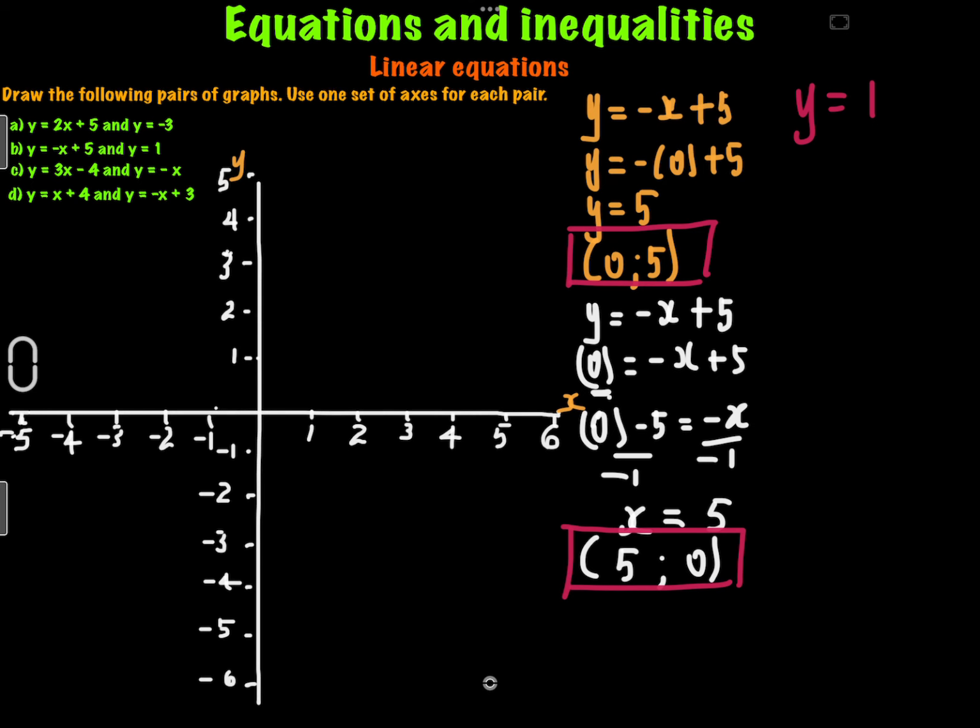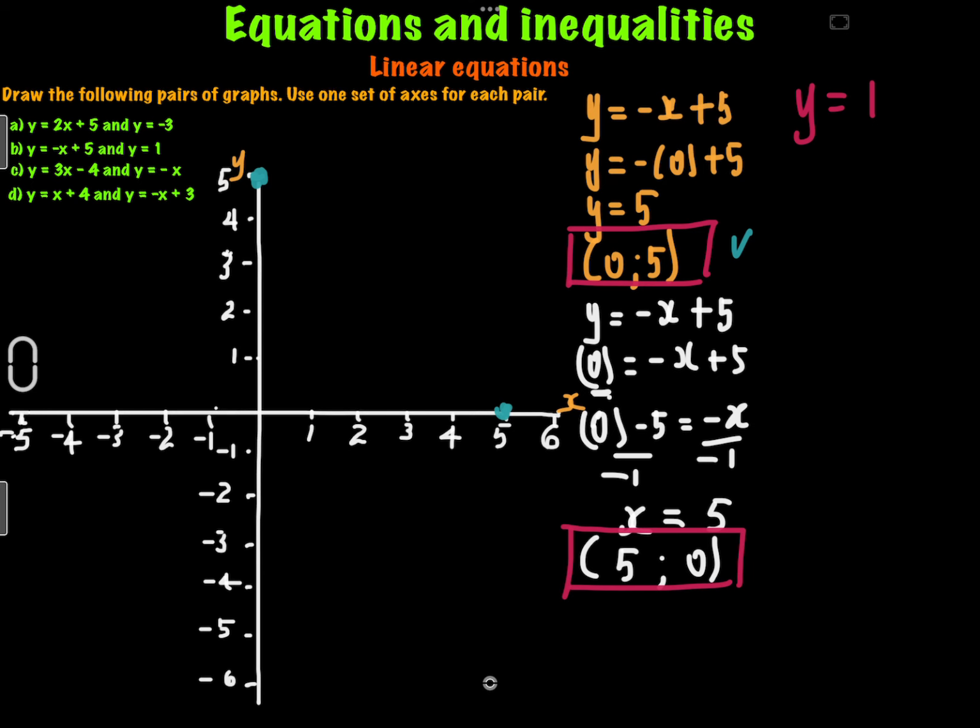In this case, when x is equal to 0, y is equal to 5. That's the point there, and that addresses those coordinates. And then when x is equal to 5, y is equal to 0. That's the point there on the Cartesian plane along the x-axis.